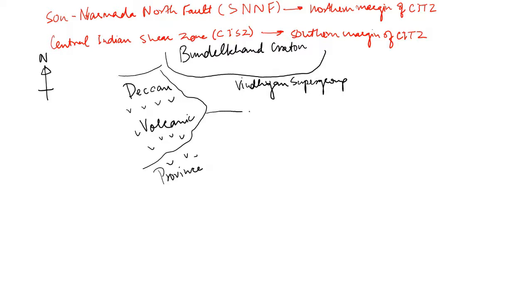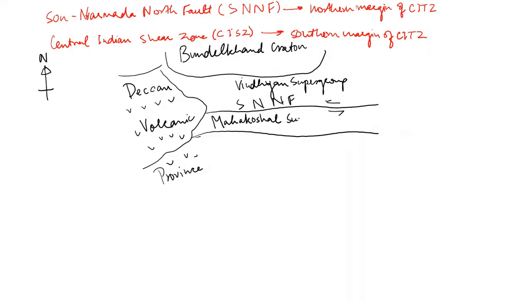The southern portion of the Vindhyan Supergroup is marked by the Son Narmada North Fault. The Son Narmada North Fault also marks the northern boundary of the Mahakoshal Supergroup.